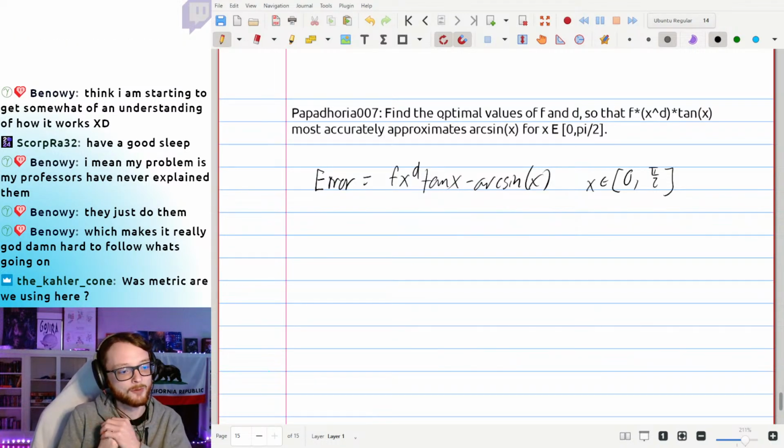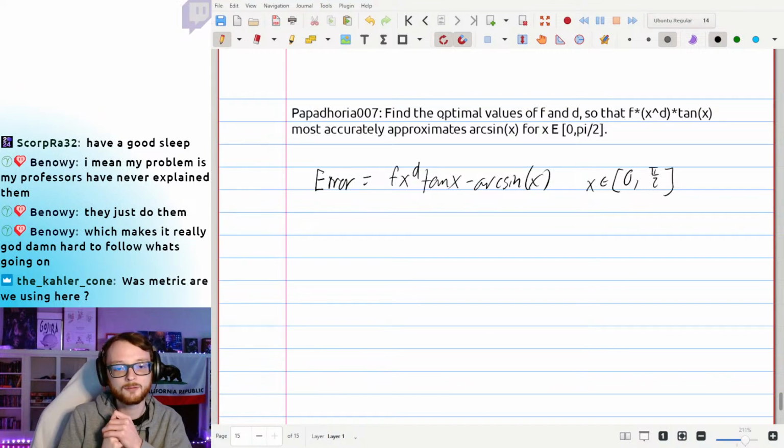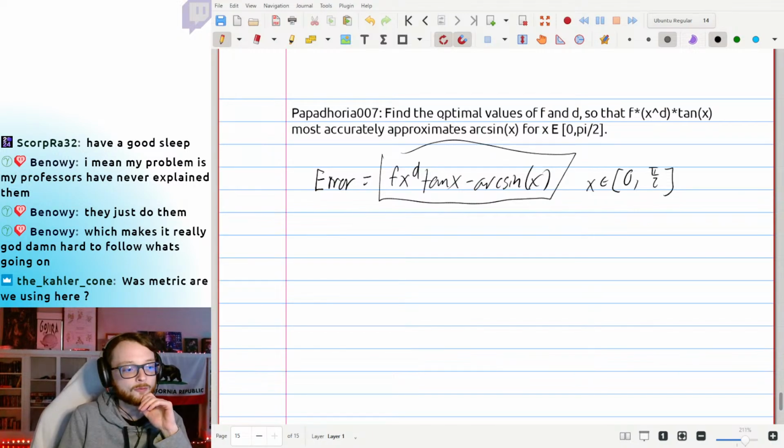I'm pretty weak on them though. I was just going to make up a metric like this here. This is all the context that we have though.